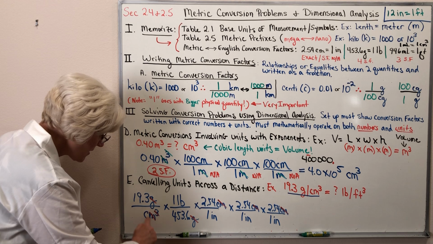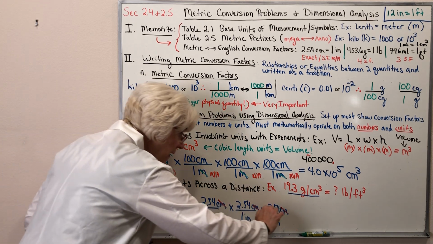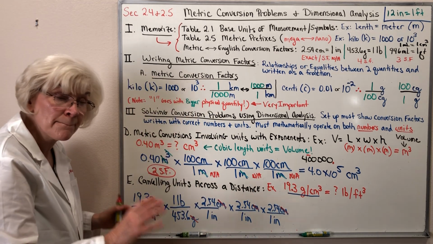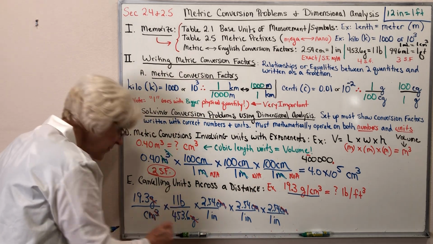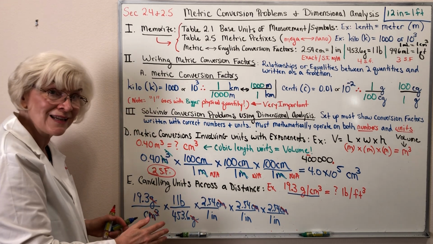You can cancel a unit in the denominator with its corresponding unit in the numerator, even if they are separated by a distance or with other conversion factors separating them, coming between them.